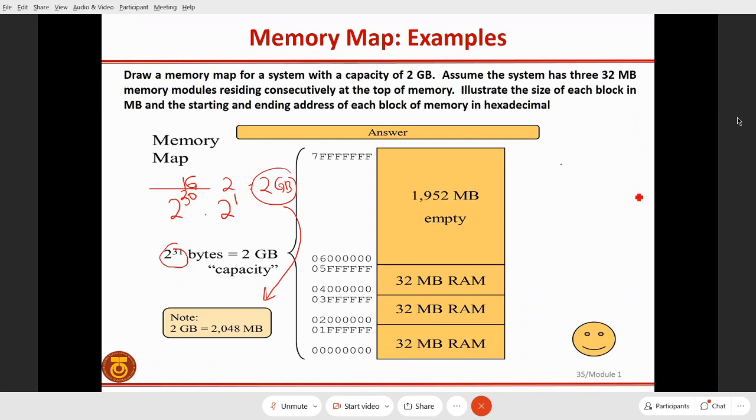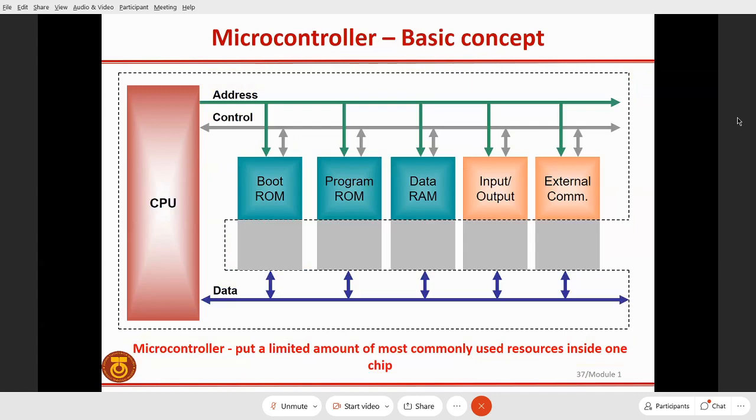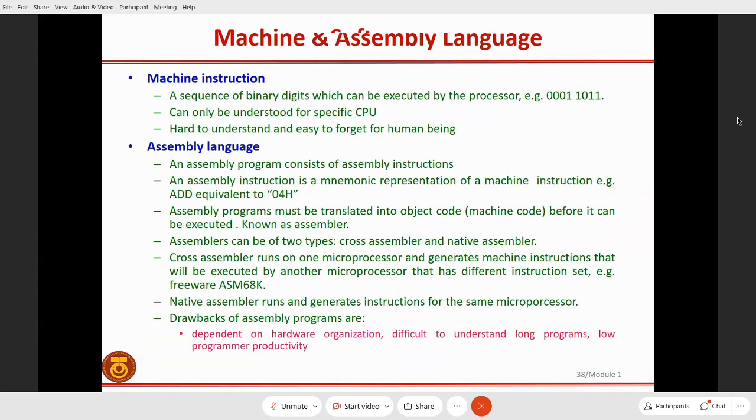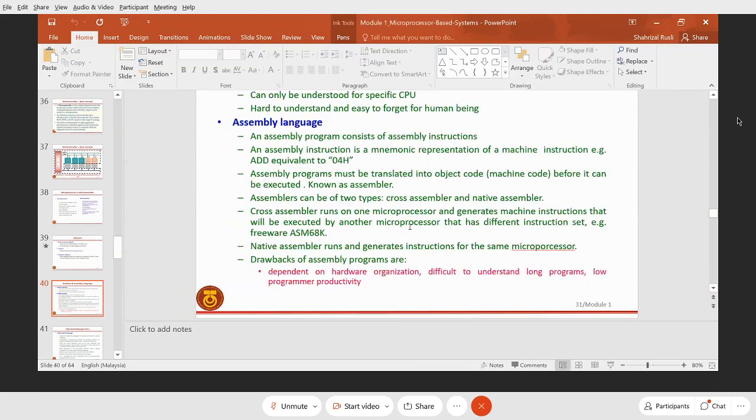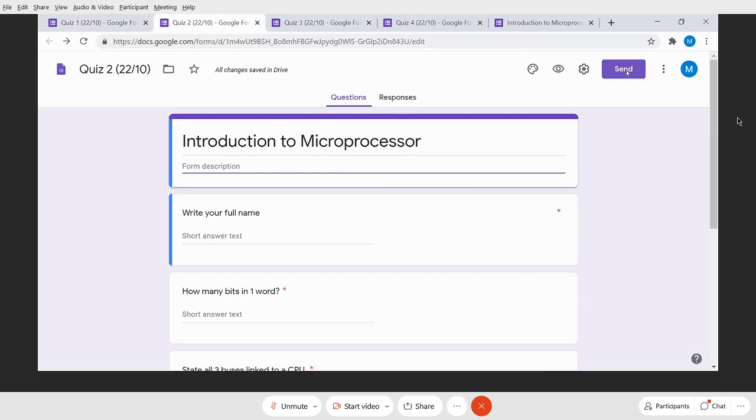Oh, it's interesting. Okay, nice. I hope everyone is clear about this. Okay, let's go back to, let's go to quiz 2. Oh my god, oh man. Never mind. I paste quiz number 2 here.